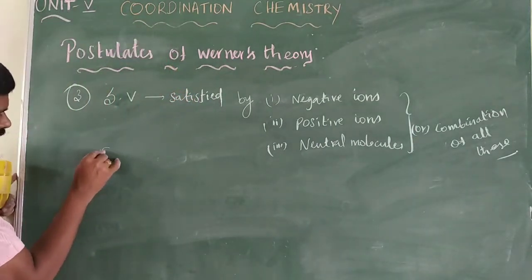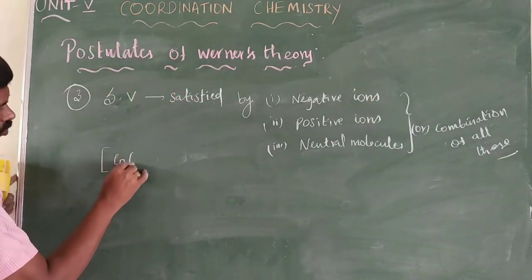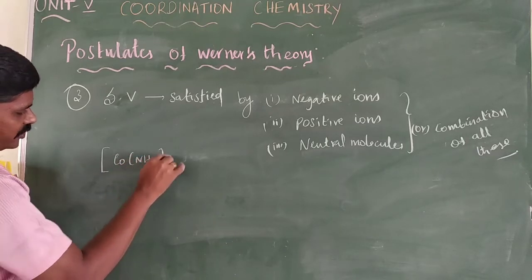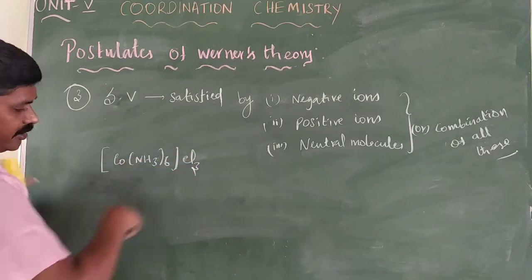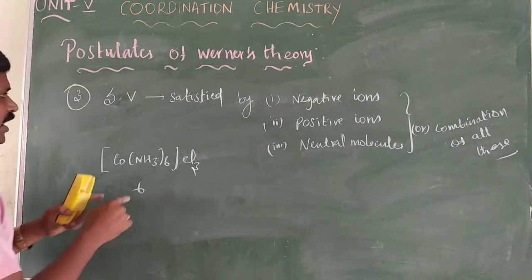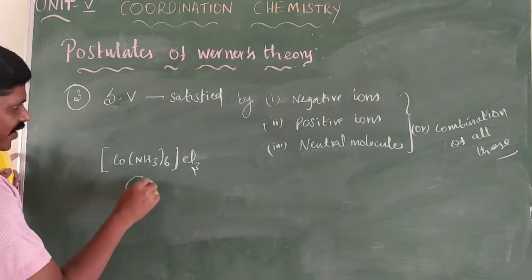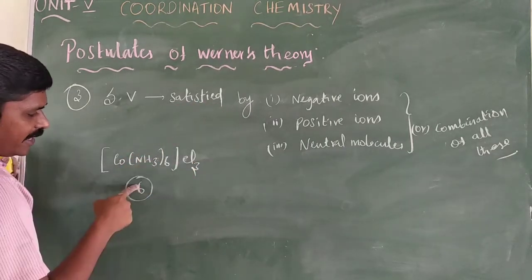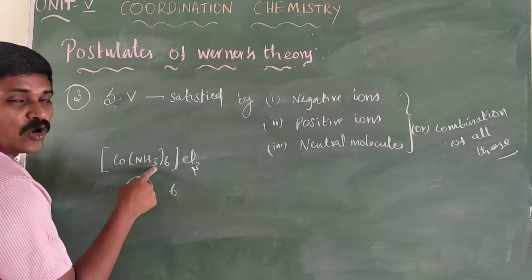For example, [Co(NH3)6]Cl3: the coordination number is 6. The secondary valency is satisfied by 6 neutral ammonia molecules.